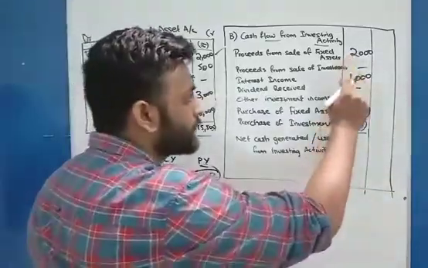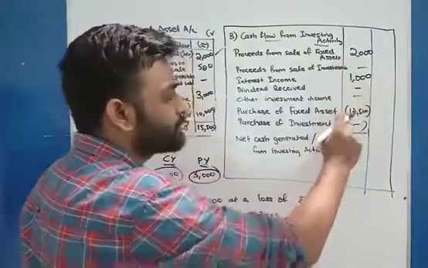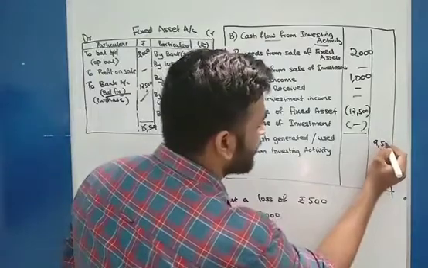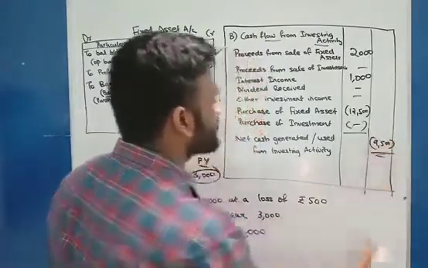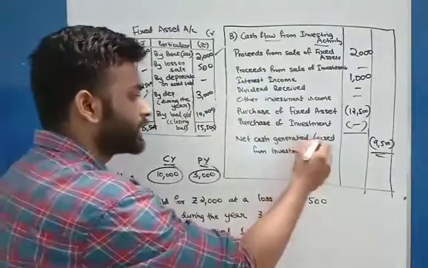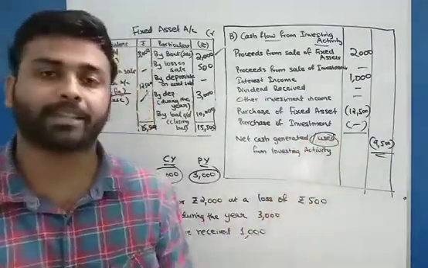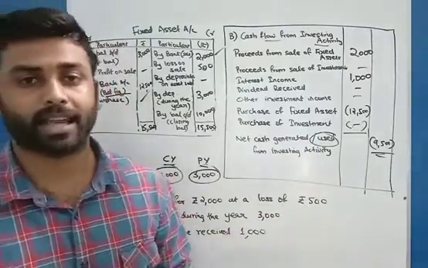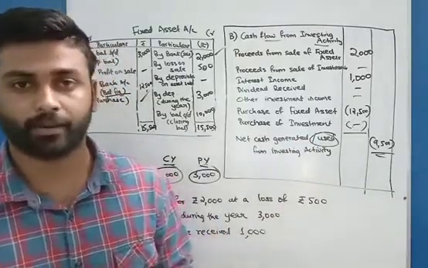The amount is 2,000 plus 1,000 minus 12,500, so it is minus 9,500. This is the net cash used in investing activity. In this way you should prepare the cash flow from investing activity. Okay, clear?